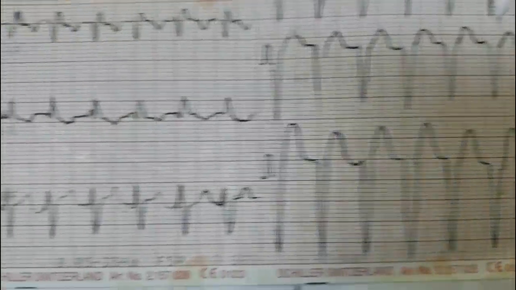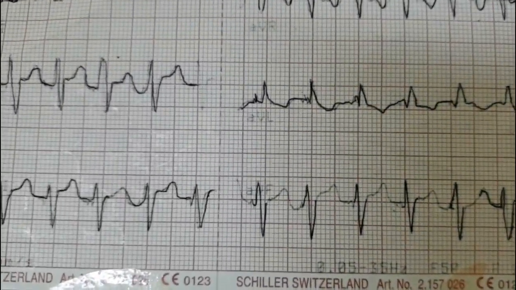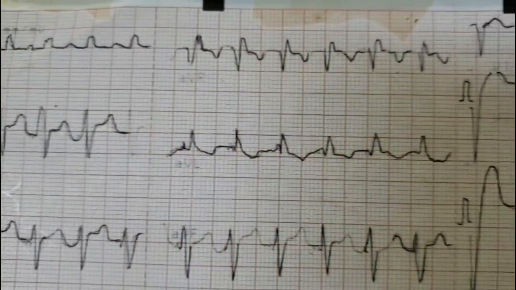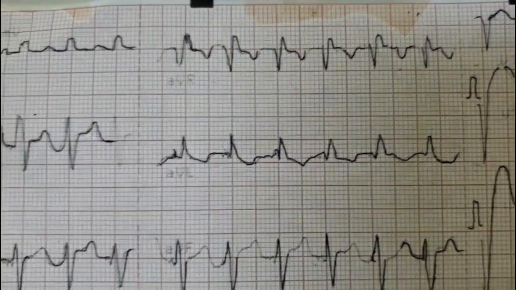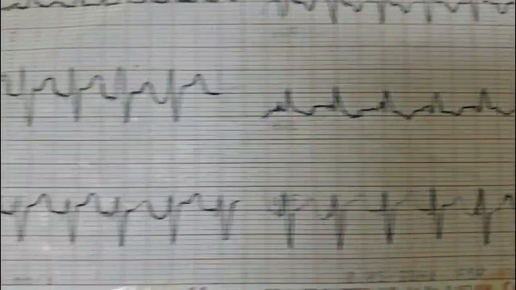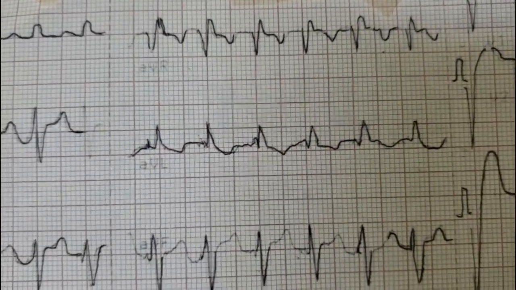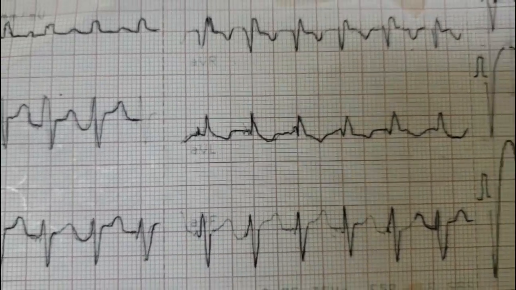Therefore, the diagnosis of bundle branch block reentrant VTAC is the possible diagnosis, and the differential diagnosis should be done by electrophysiological study.